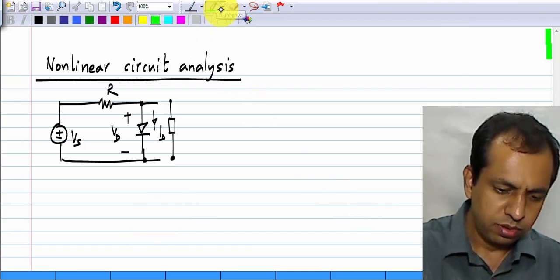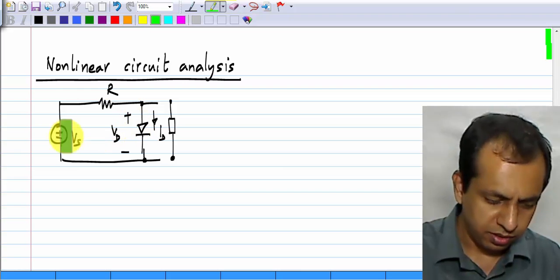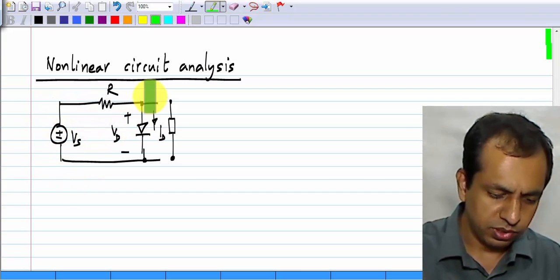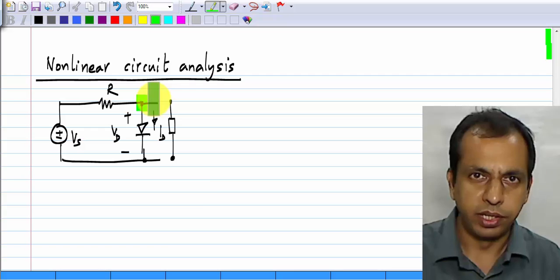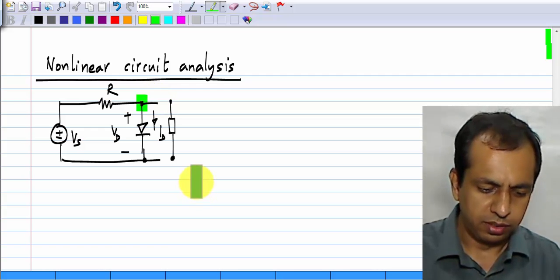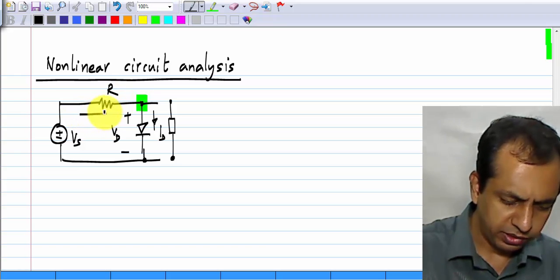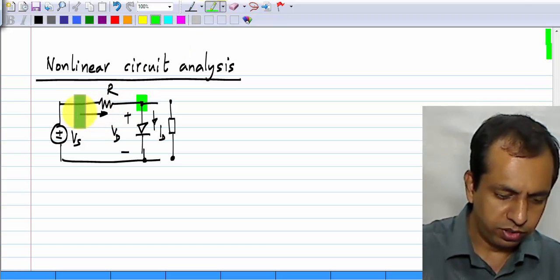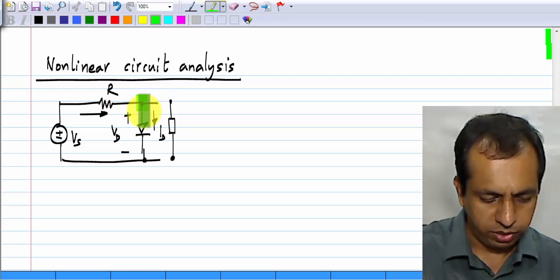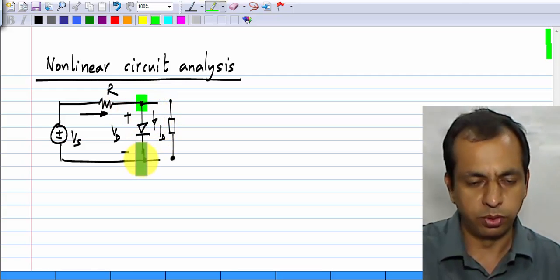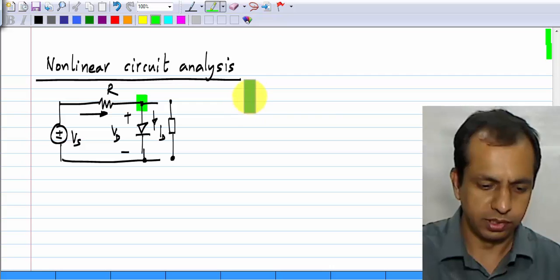So, now really this is an extremely simple circuit. So, this is an independent voltage source, and all we have to do is to write KCL at this node. That will give us the solution. So, KCL at that node says that the current flowing through R in this direction equals Id, which is current flowing through the diode in the downward direction.